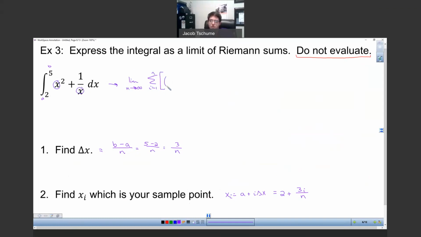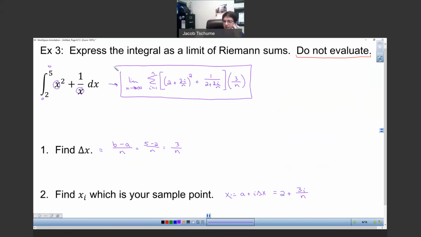So that would be (2 plus 3i over n) squared plus 1 over (2 plus 3i over n). So that is your f of x sub i term. And then you multiply all of this by your delta x, which is 3 over n. And this is your Riemann sum definition of the integral that was given.